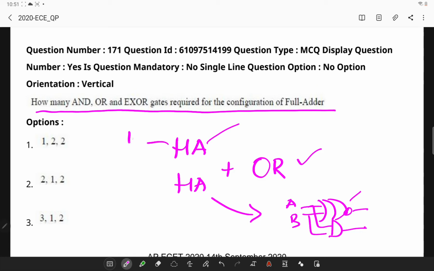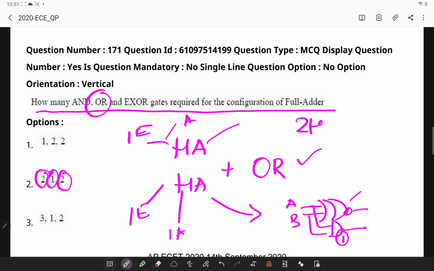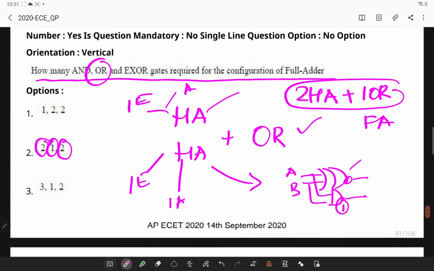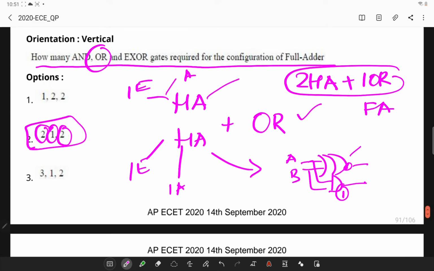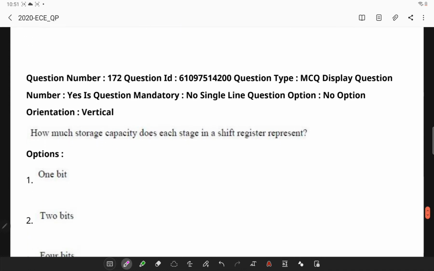So this has one XOR gate and this has another XOR gate. If you see the options, the number of XOR gates is 2, the OR gate is only 1, and you have AND gates, one here and another in this case. He is simply framing one question based on this every year, two half adders and one OR gate. The full adder implementation using half adders is a very standard question asked almost in the last 4 years.